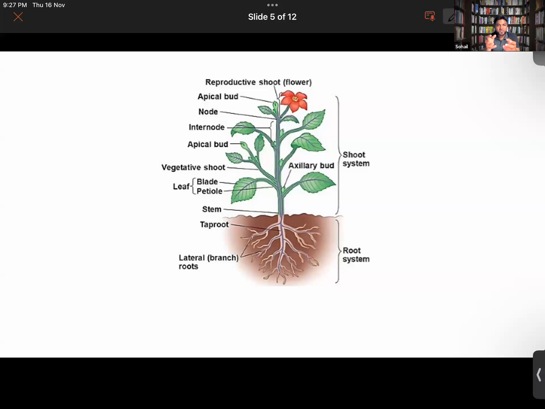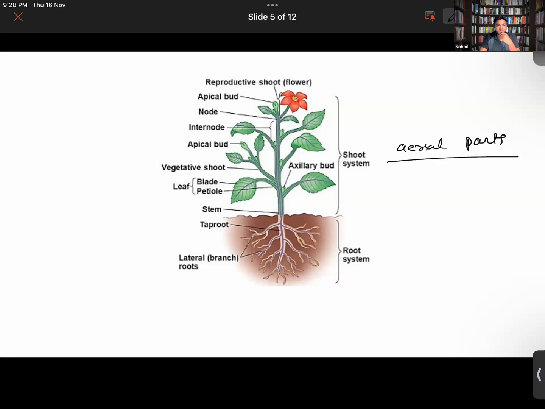Not in context of reproduction, just a general observation. So the root system is under the ground, and the shoot system is grown above the ground. So we can say they consist of the aerial parts of the plant, the ones that are in the air, right? Okay.